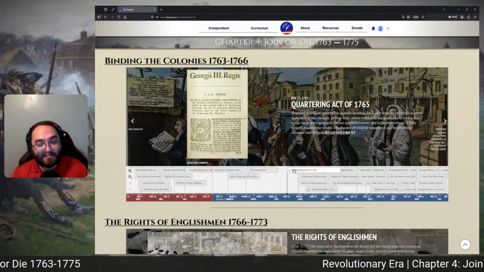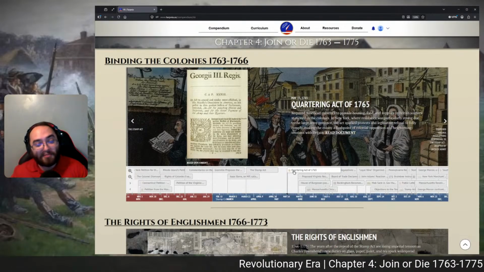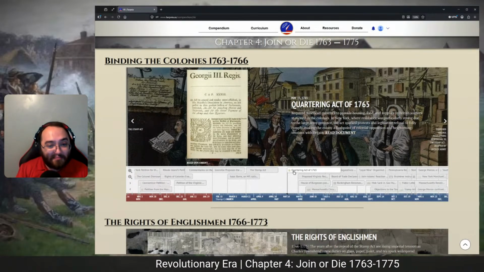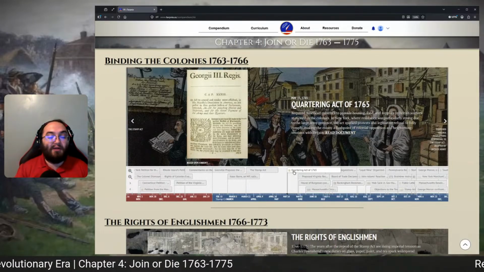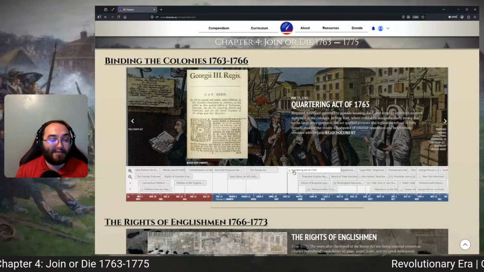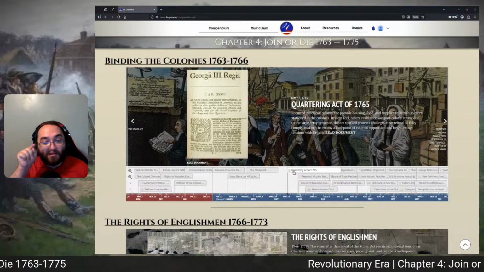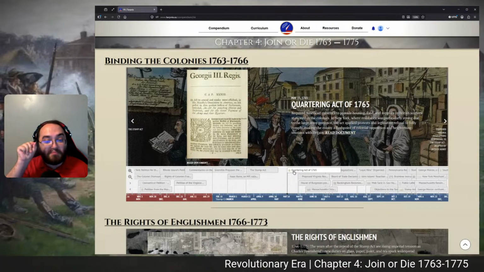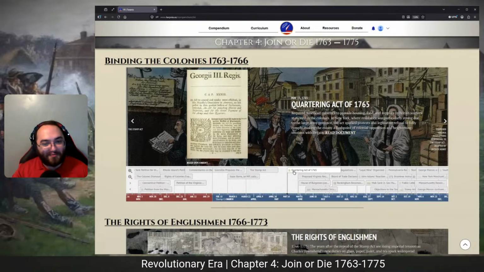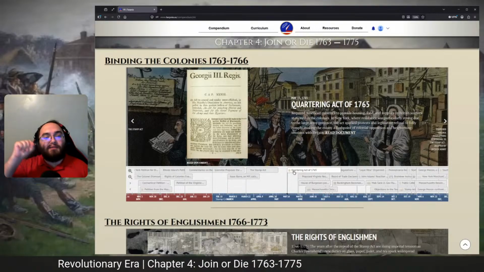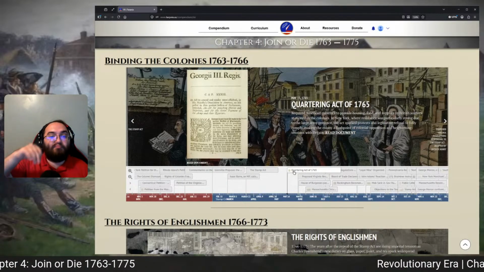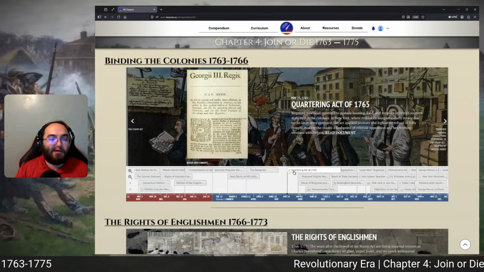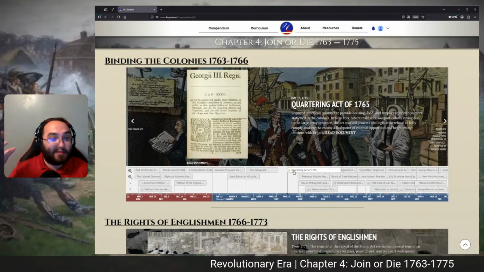The Quartering Act, and the reaction of Parliament to abolish the Colonial Assembly of New York for refusing, at least temporarily, to enforce the Quartering Act, that very event will be mentioned in the Declaration of Independence when it talks about the General Assemblies being abolished by Parliament and the King.